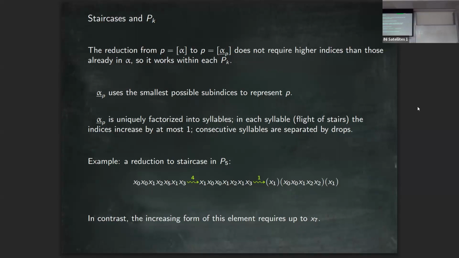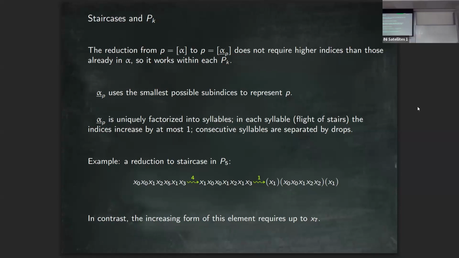One way of looking at it, which turns out to be useful, is that once you have alpha under bar, it's factorized naturally and uniquely into syllables, and the syllables are separated by drops. Here's an example. If I reduce this word by applying the green arrow 4 times, there's a 5 that jumps back, becomes a 4, jumps back, becomes a 3, becomes a 2, and finally becomes a 1.